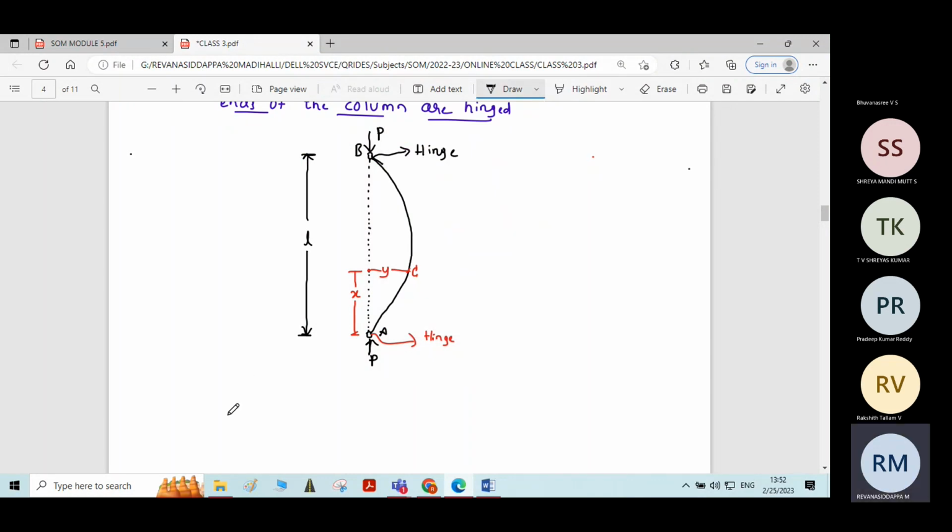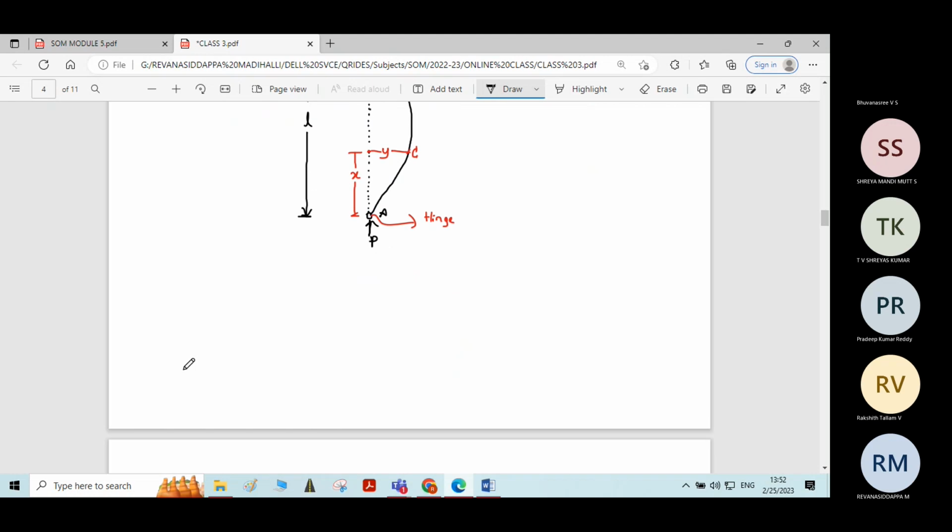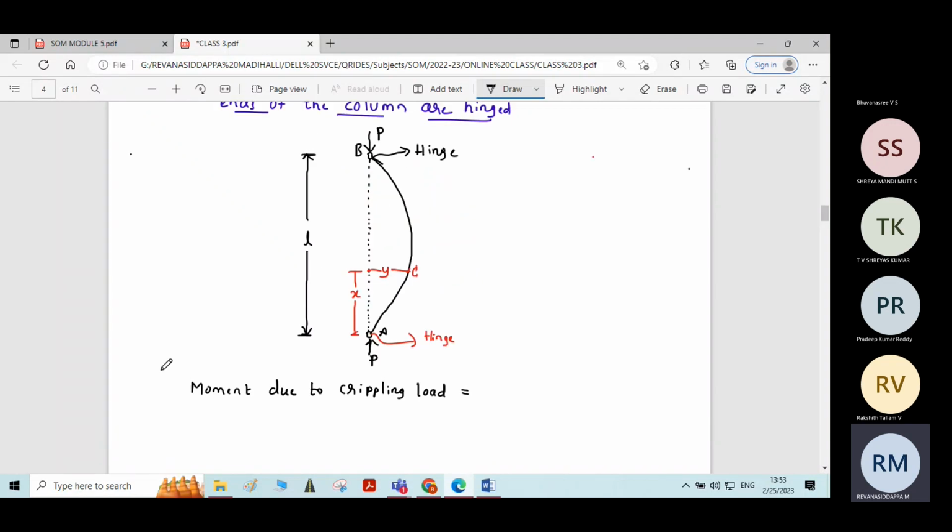Now initially we will find the moment due to crippling load about the point C. Moment due to crippling load is equal to the crippling load P only.